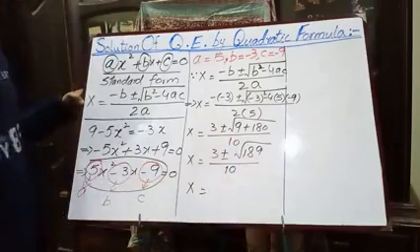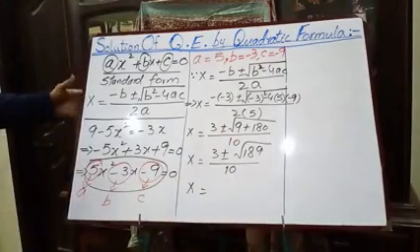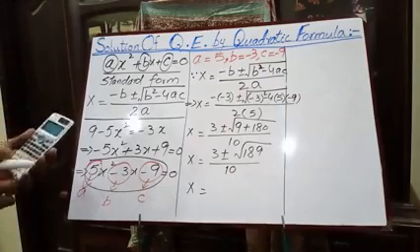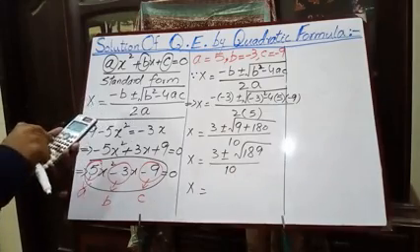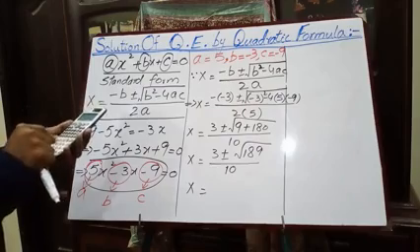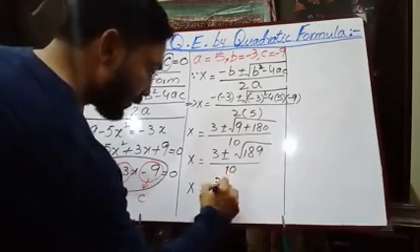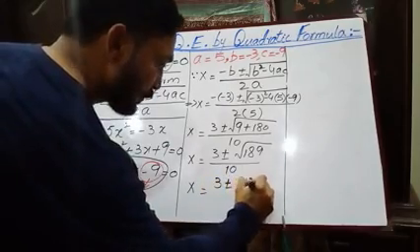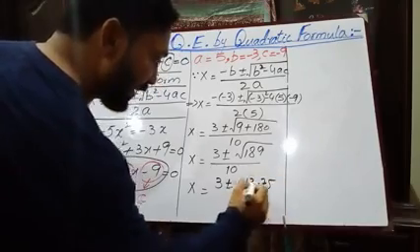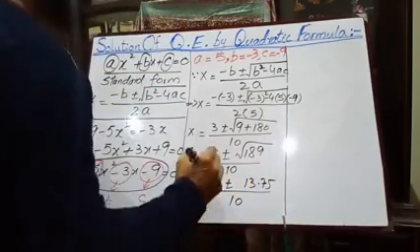Now we have to take the square root of 189, and it must be correct to 2 decimal places. So the square root of 189 is equal to 13.75. So 3 plus minus 13.75, whole divided by 10.